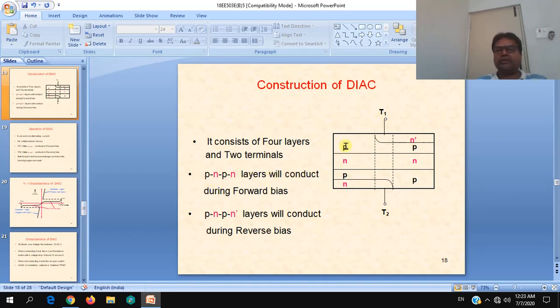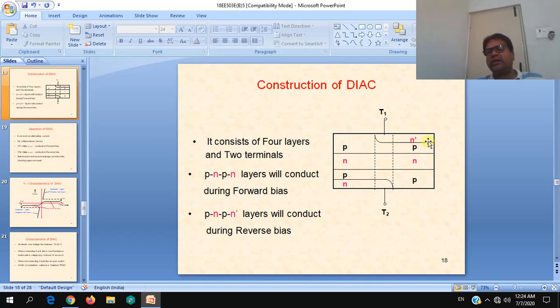The PN layers in the left half will be conducting during forward bias, and the PN dash layers will be conducting in the reverse bias. Its structure is such that when T1 is made more positive with respect to T2, the current starts to flow from the outer P layer instead of the small lightly doped N layer.